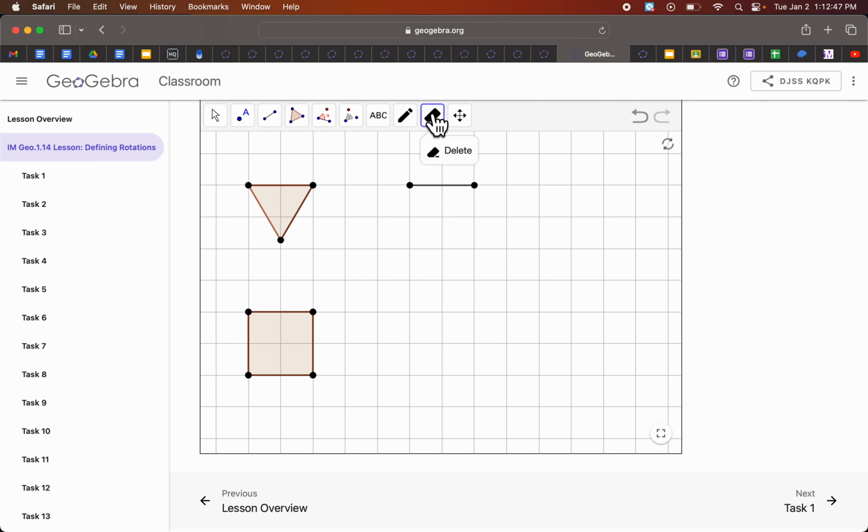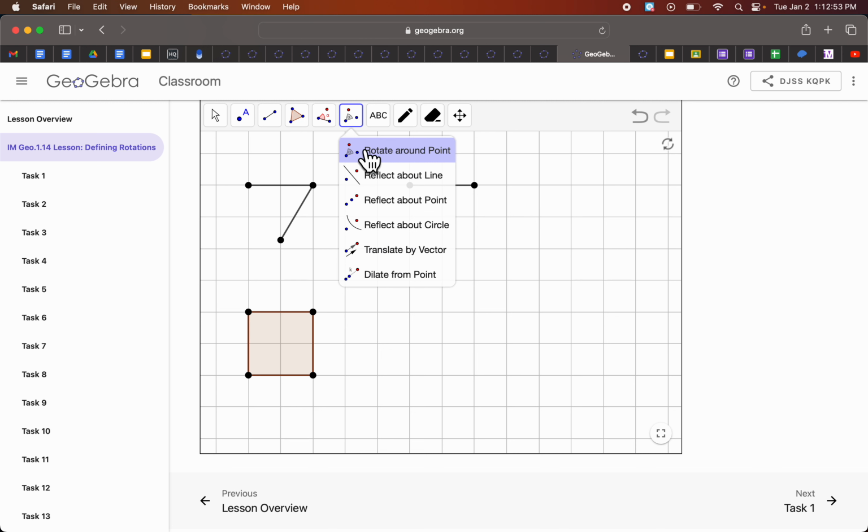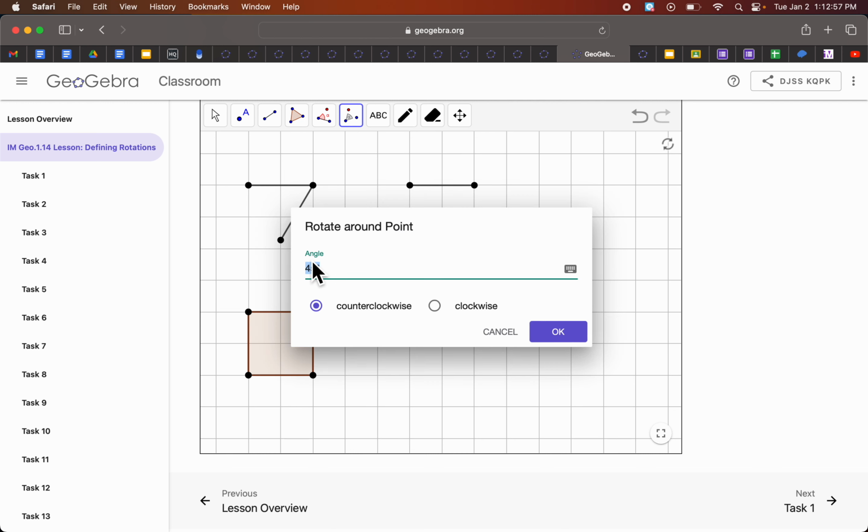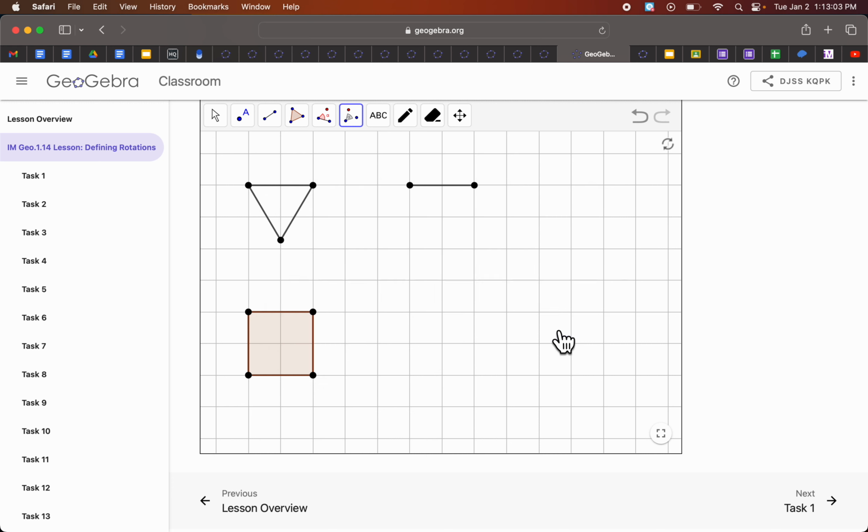Let me get rid of this triangle here. Boom. Okay. So if I rotate this segment here, again, I'm going to rotate it 60 degrees counterclockwise. Boom. And that'll get me back to my original point. So this was all 60 degrees.